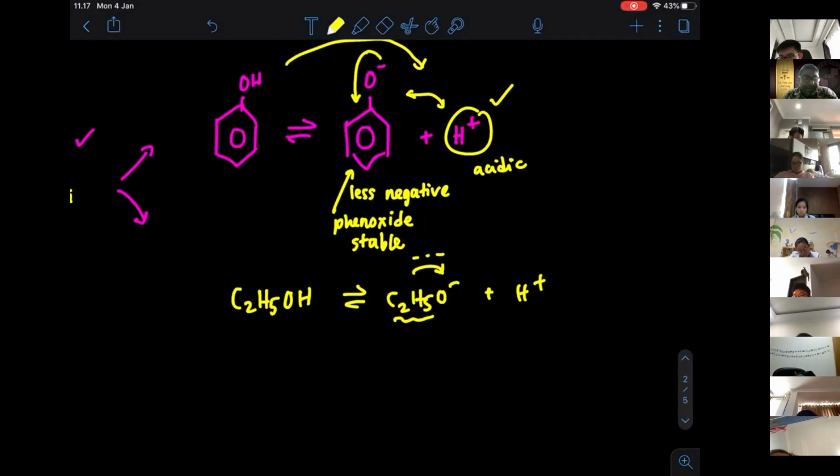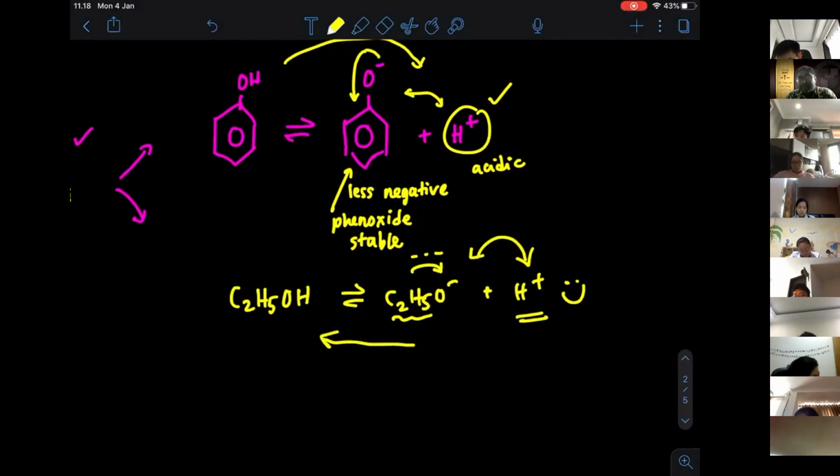Can you understand, Jason? If you have more negative, this H plus really likes that. They love that. Why? Because they want negative, they want electrons. So the H plus will go and combine, and they will form this ethanol.